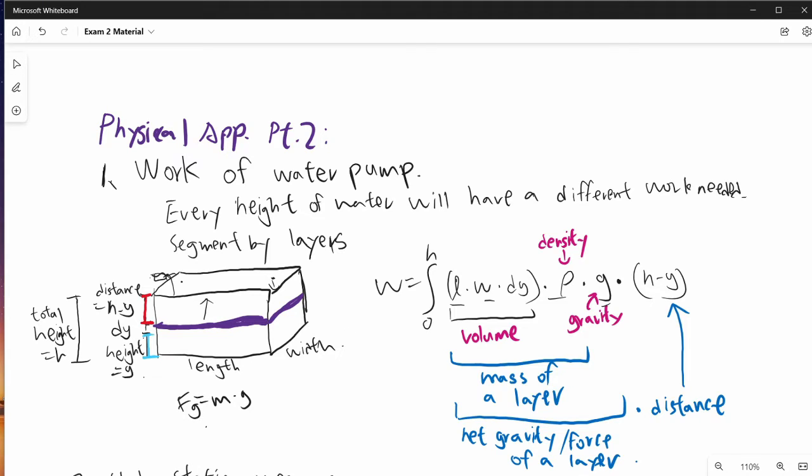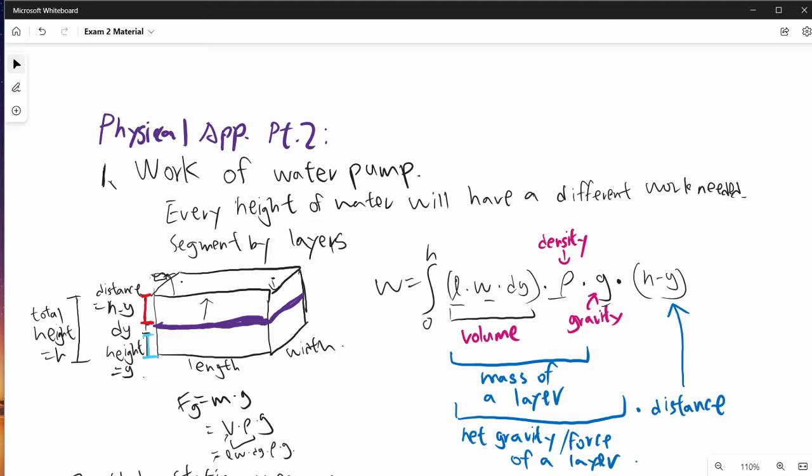And mass, I can calculate using volume times density. I can get volume by multiplying length, width, and height, since we have a rectangular form. So that's my general approach to calculate the force.